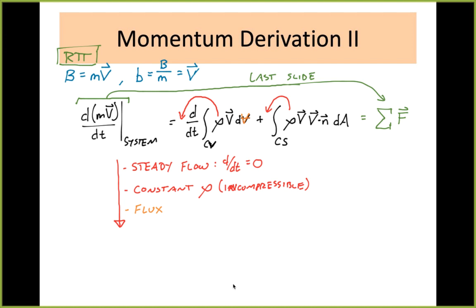And just like we did for conservation of mass, we're always going to think about fluxes perpendicular to the control surface. Okay? And what that does is it deals with this term right here, this V dot N over in the right-hand side.